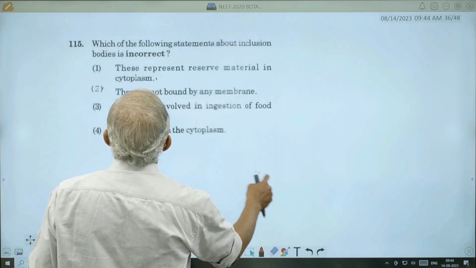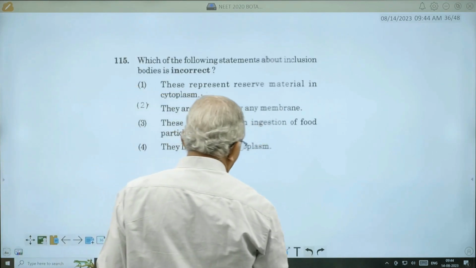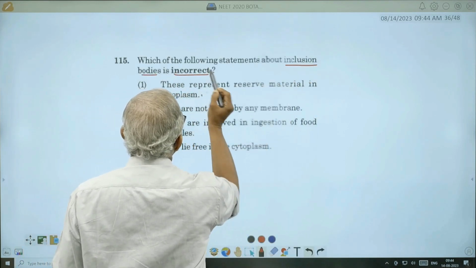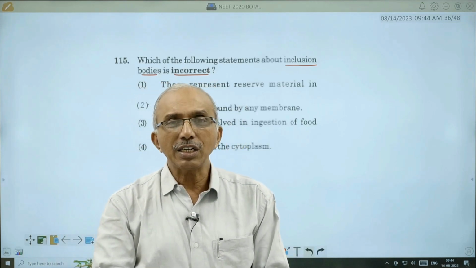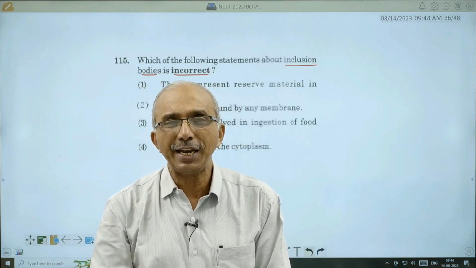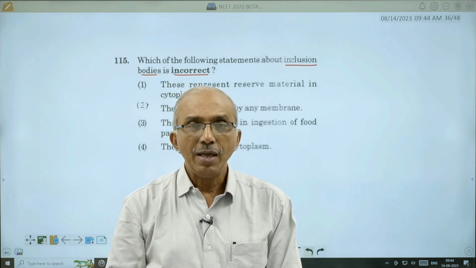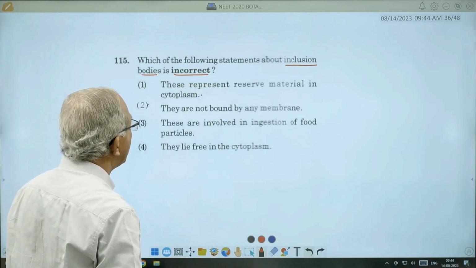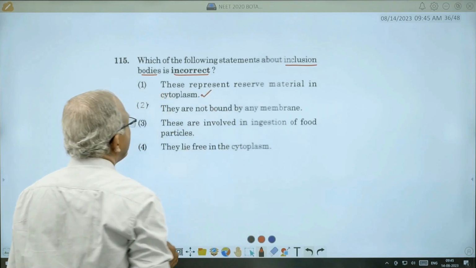Next, which of the following statements about inclusion bodies is incorrect? Inclusion bodies are reserve food materials of bacteria. Regarding this, we want the incorrect one. These are present in the cytoplasm. Correct.